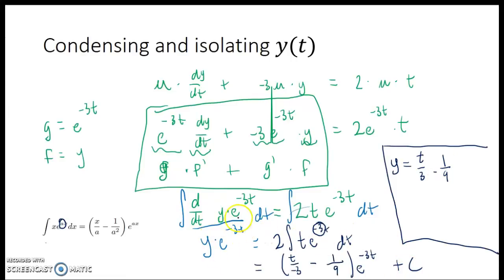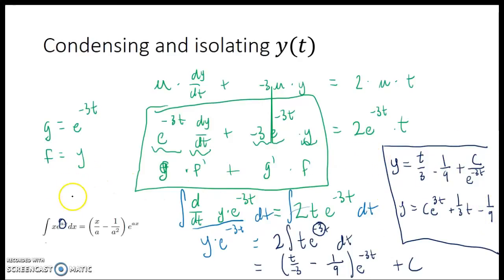This is a variable expression, so I have to divide the constant by that. So I get plus c over e to the negative 3t, or more generally, y equals c e to the positive 3t plus 1/3 t minus 1/9. And we're done. We now have a function for y.